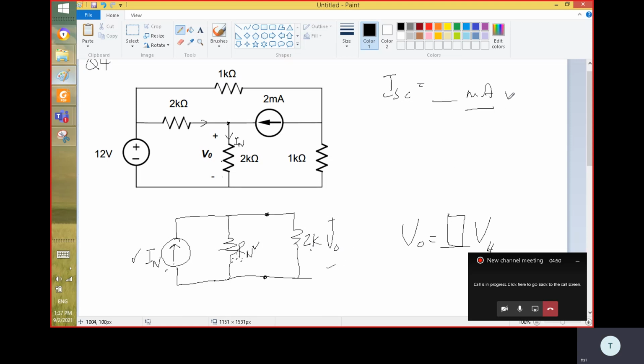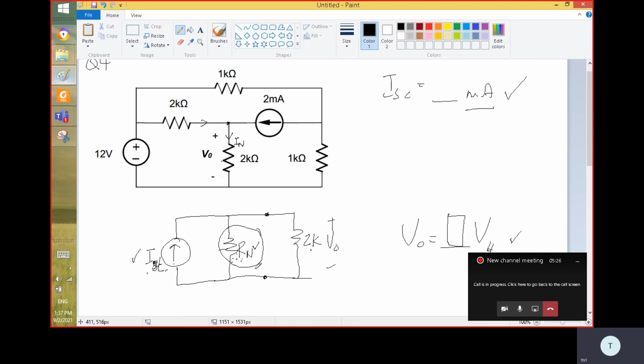So you can calculate V out after you find the Norton short circuit current here. First you need to find this current, and then you can calculate the V out after you find the next variable, the Norton resistance. Remember the Norton current and the Norton resistance are in parallel, and these two are also in parallel with each other.